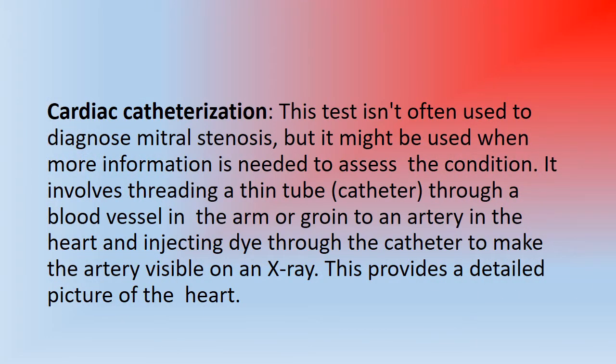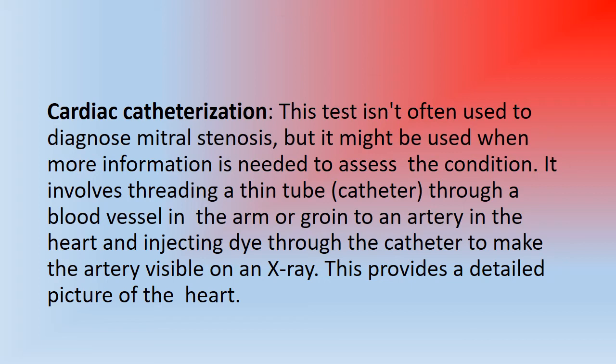Coming to cardiac catheterization. In this test, we will be inserting a thin tube catheter through the arm or groin. After giving local anesthesia, we will be puncturing the arm or groin with a gauge needle. Then we will be inserting a sheath, an arterial sheath, and through that we will be inserting a thin tube catheter.